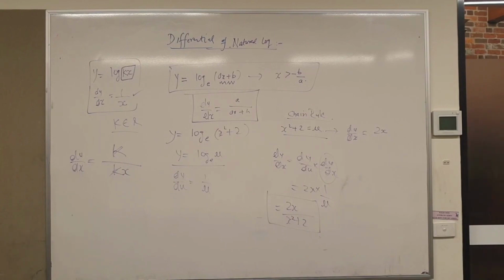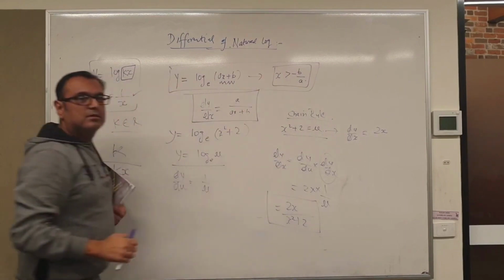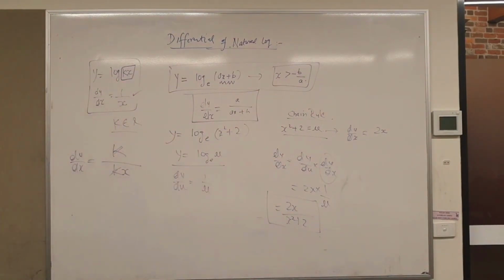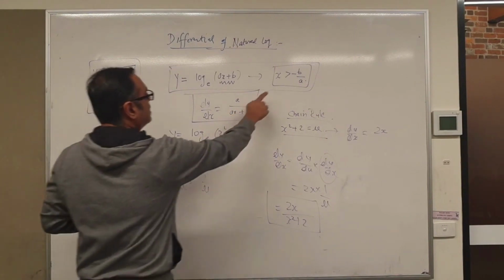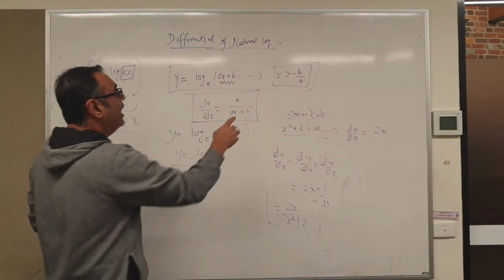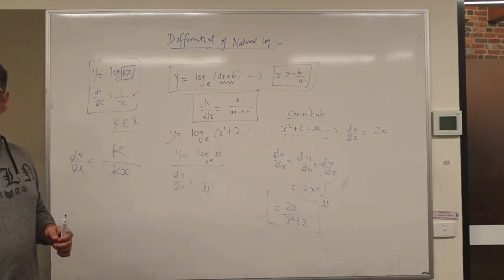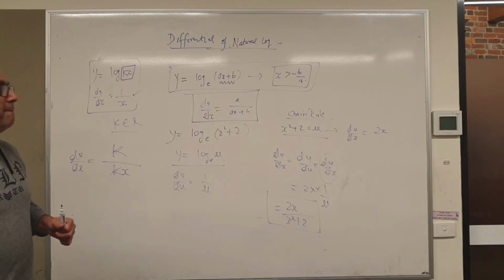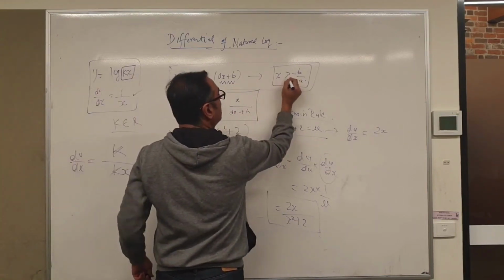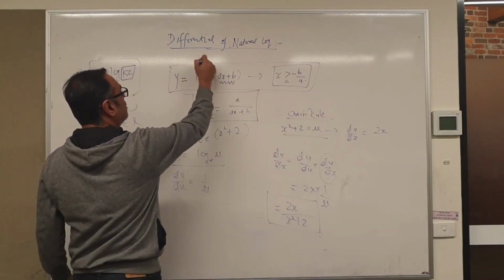And no one asked me this question: why have you got this condition here? Domain. That's the domain, but why is this the domain? Why is this minus b over a? Because it wouldn't exist otherwise. So if your x is equal to this value, what will happen to this log?